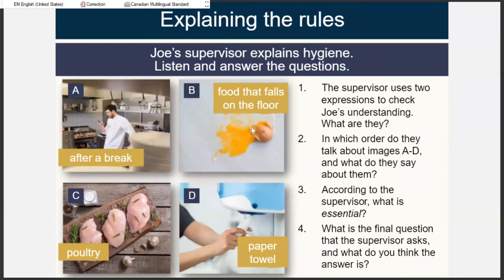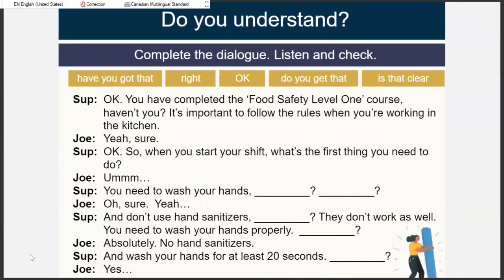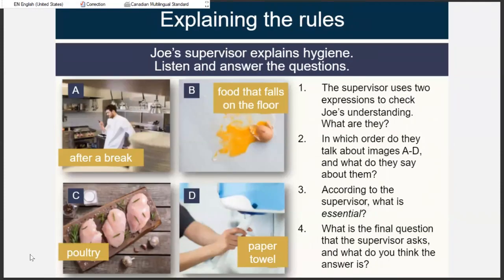And just to recap, before you go to another point, make sure that the person that you're explaining to is following you, right? And right here, you have some examples that you can use in your assignments. It's going to be some sort of conversation assignment.